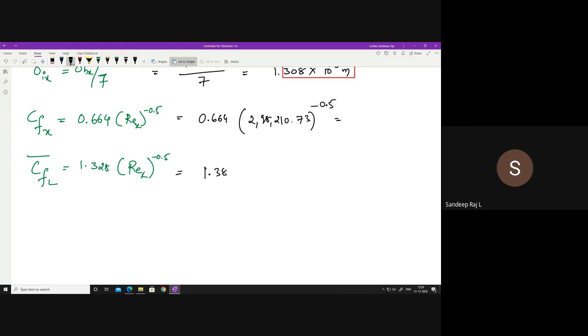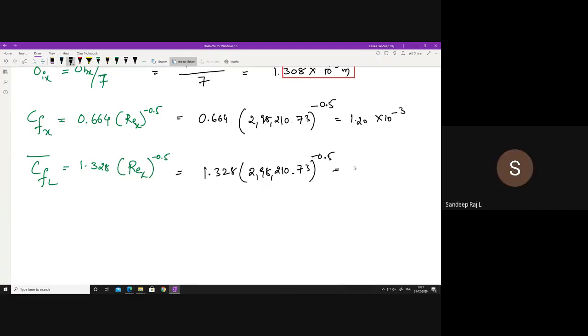Also calculate this, 1.328 into 2,98,210.74 to the power of minus 0.5. Tell me these two values. 1.20 into 10 power minus 3. Yes, sir.